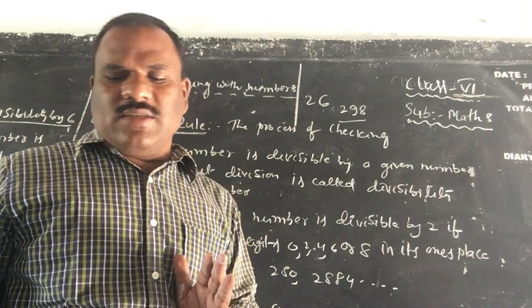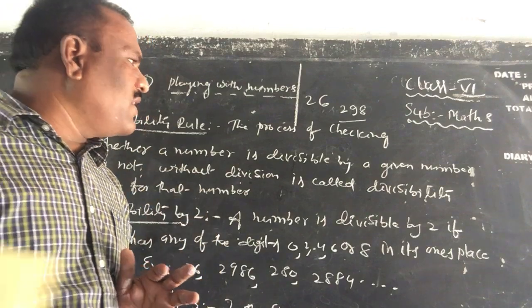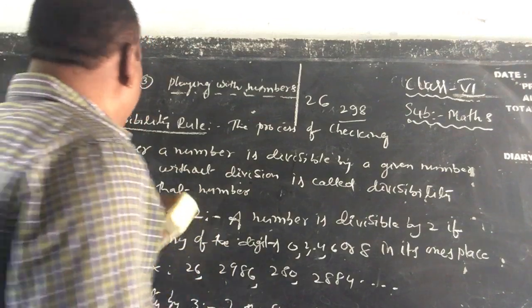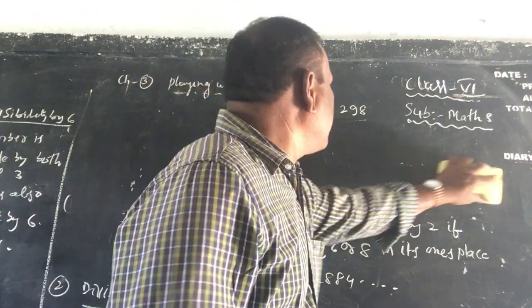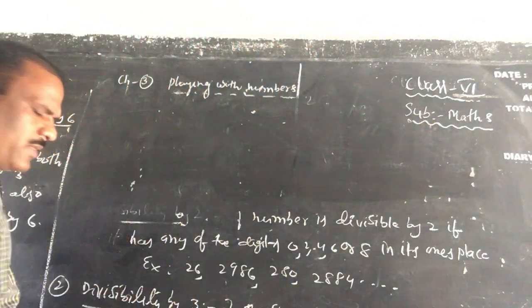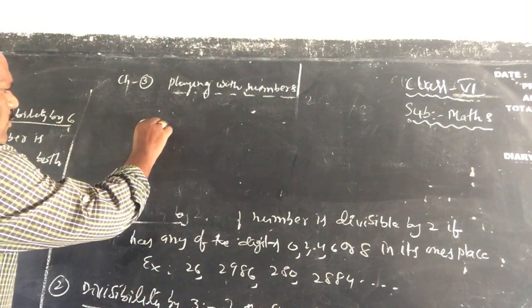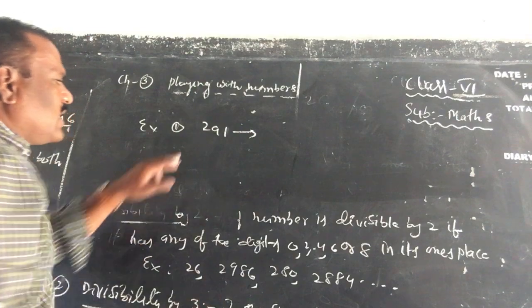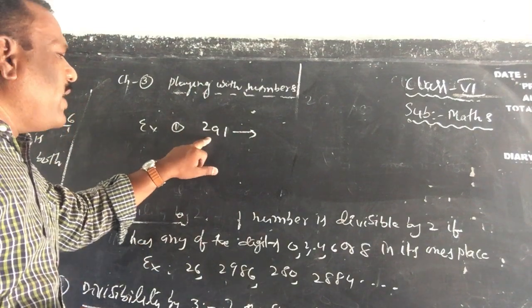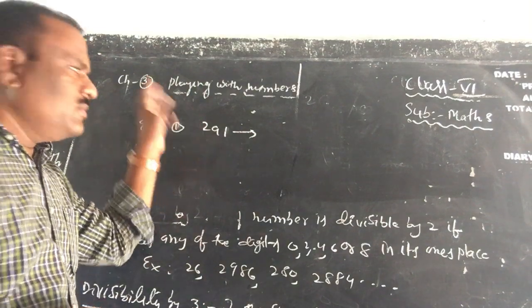The sum of the digits, children. What does sum of the digits mean? For example, take 291. We have to check whether this number is divisible by 3 or not. Simple, children.